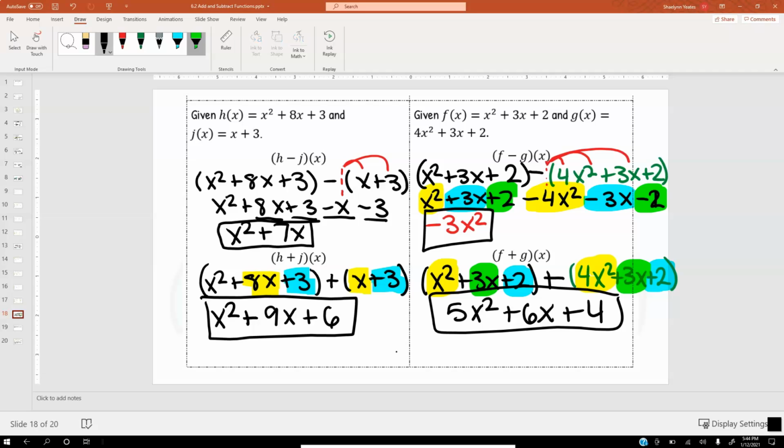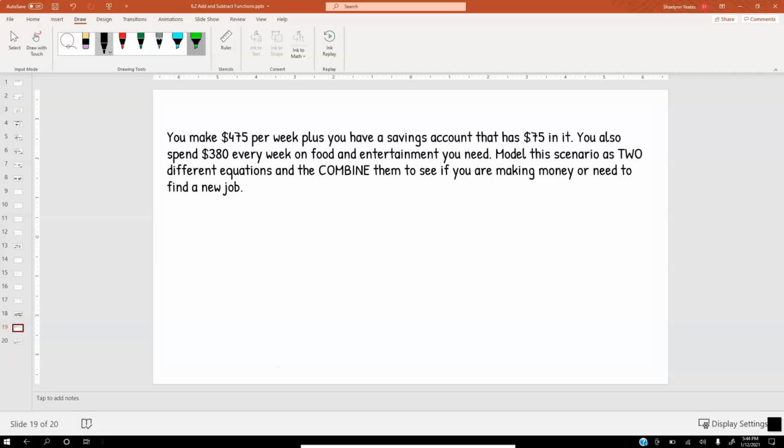Let's go ahead and see what this last thing is. I'll give you a hint. It's a word problem. So you make $475 per week, plus you have a savings account that already has $75 in it. That's how much money I have.